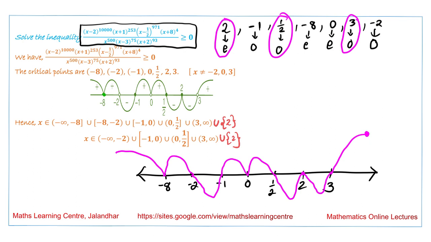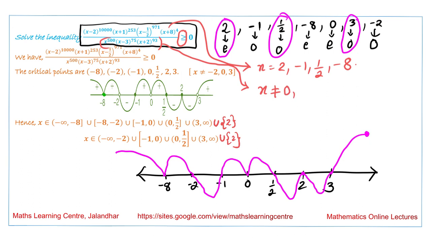The next thing we have over here is the equality sign. So x can be equal to 2, minus 1, 1 by 2 and minus 8, and as the denominator cannot be equal to 0, x cannot be equal to 0, 3 and minus 2.